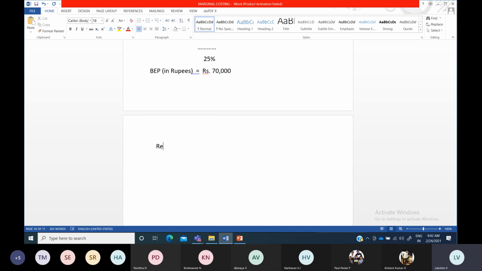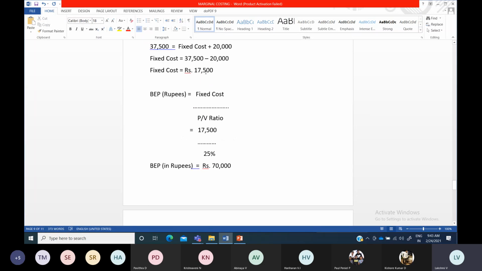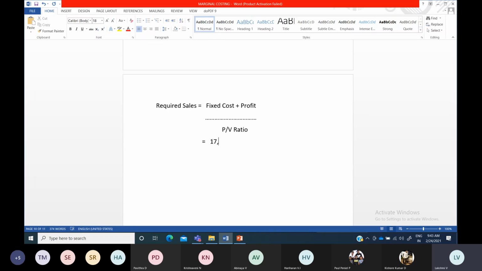Now, required sales, we are going to do it. The required sales formula is fixed cost plus profit divided by PV ratio. Fixed cost you have calculated just now, that is 17,500. That 17,500 you can use here. Plus profit.